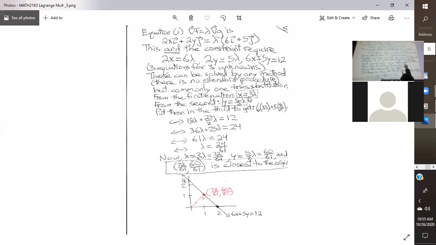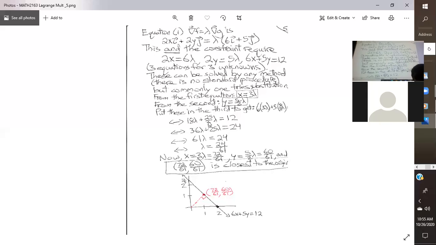Then I could substitute those into the third equation for the line, 6x plus 5y equals 12, and get an equation in just lambda: 18 lambda plus 25 halves lambda equals 12. So that's writing x and y in terms of lambda from the first 2 equations, substituting them into the third. Generally, a substitution method is what works on these.